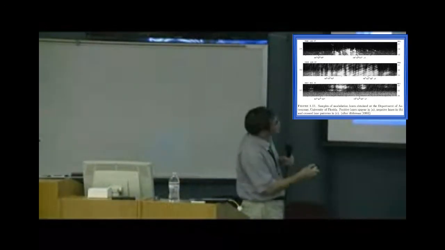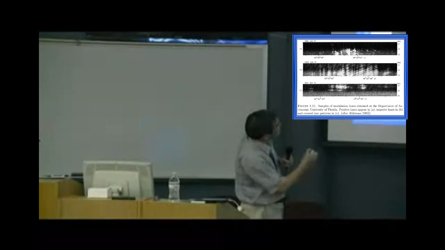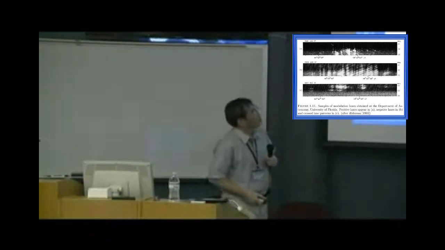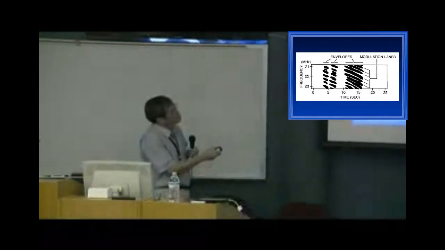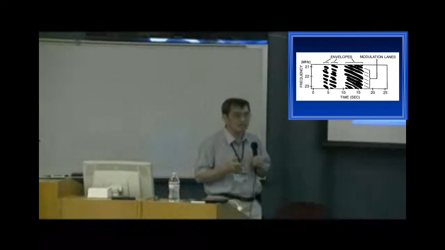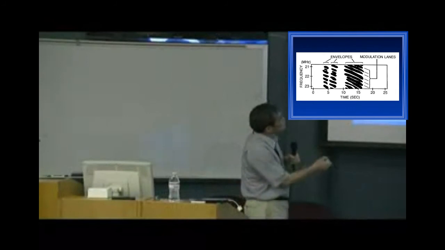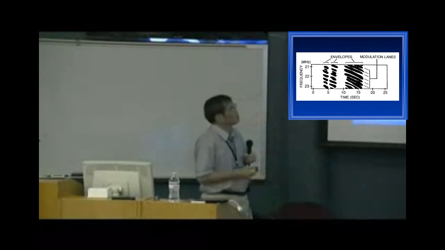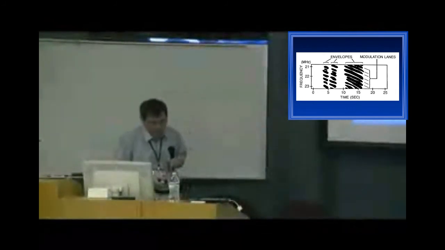The modulation lane is something like this: there is a slope, and this way, and the mix. These envelopes are created by the terrestrial ionosphere, but these modulation lanes are created by something else.